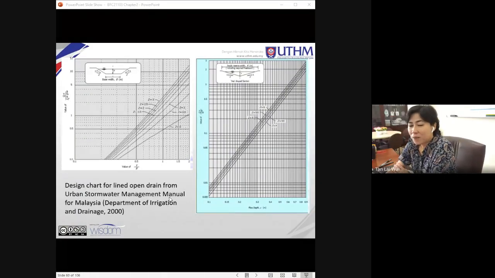Now, speaking about this manual, it is also known as MASMA, Manual Saliran Mesra Alam Malaysia, and the abbreviation would be MSMA. All right, MASMA.